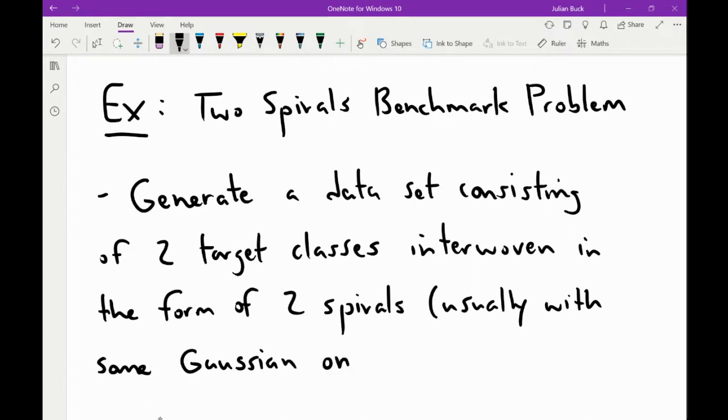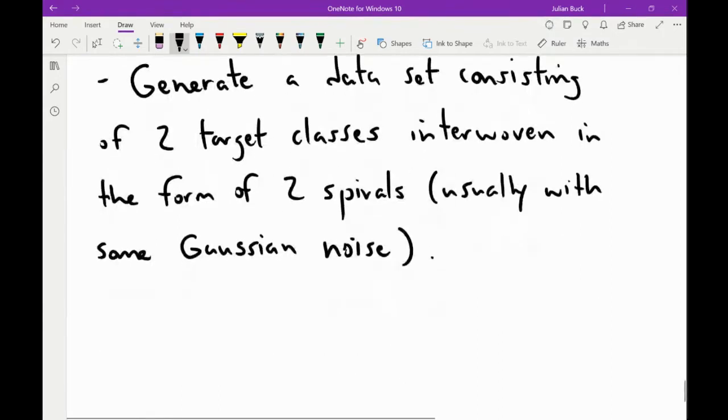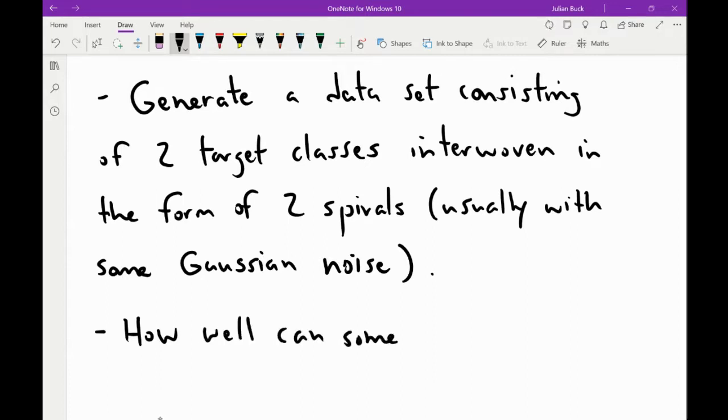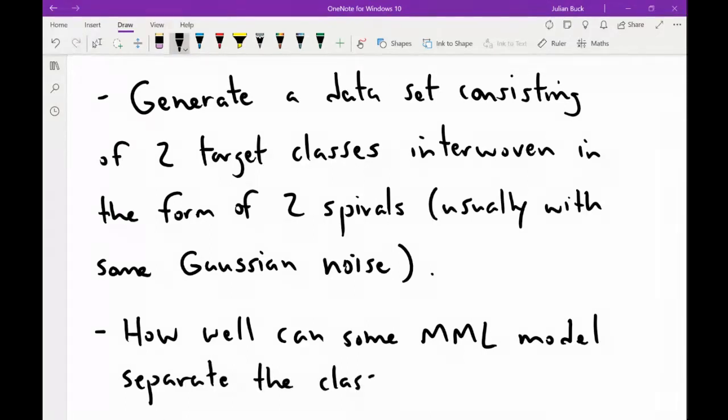In other words, the spirals aren't perfect. There's a little bit of noisiness in it. And then the question is, how well can some mathematical machine learning model, support vector machines or otherwise, separate the classes?